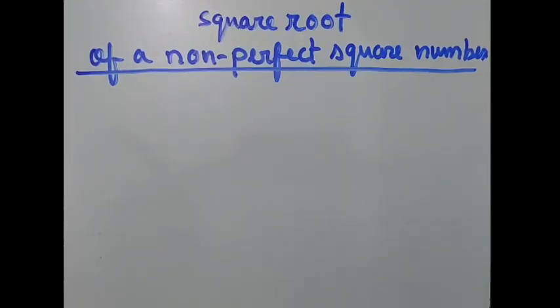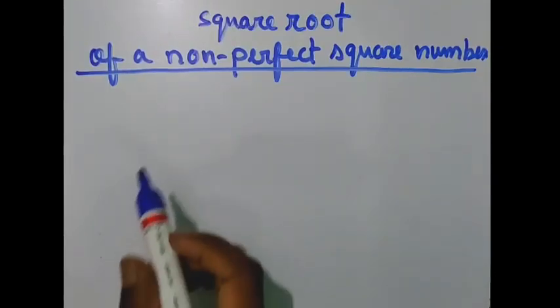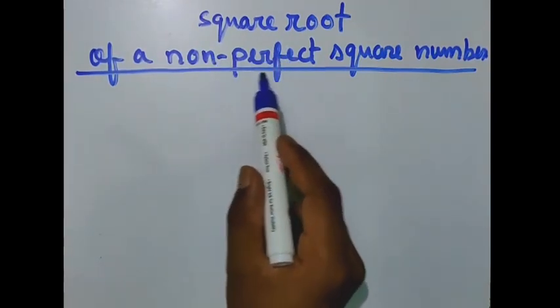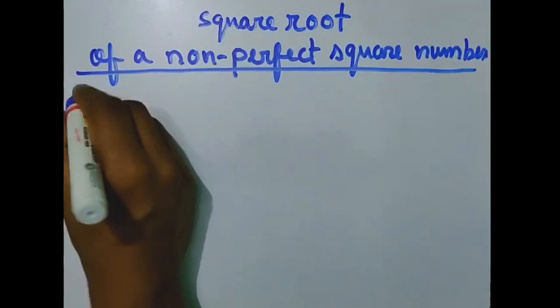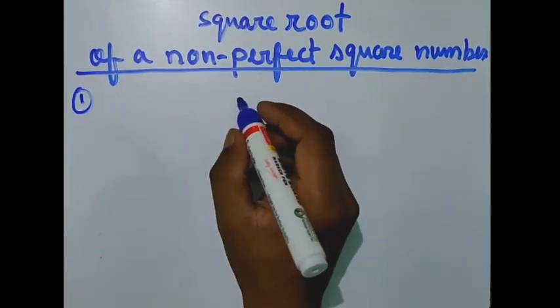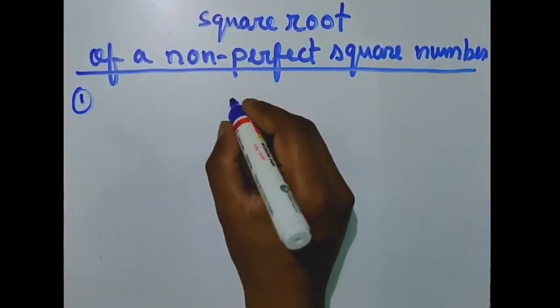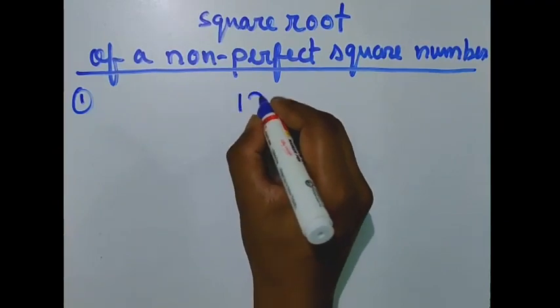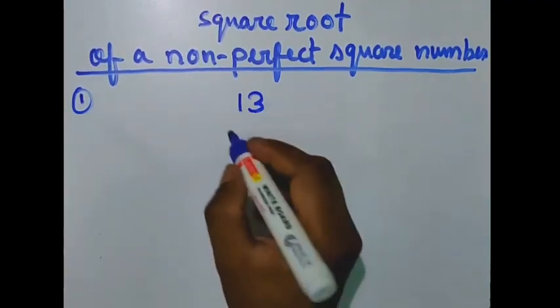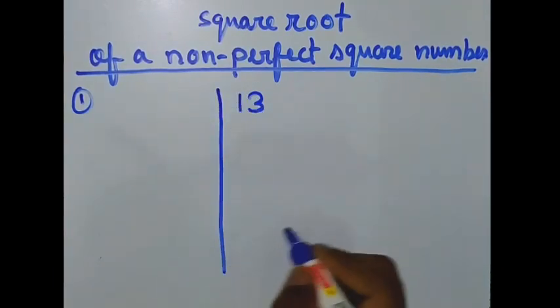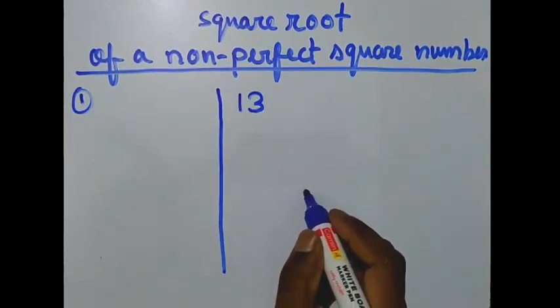Now let's find the square root of a non-perfect square number. For example, we'll find the square root of 13. Since it is a non-perfect square number, the square root will come in decimals.